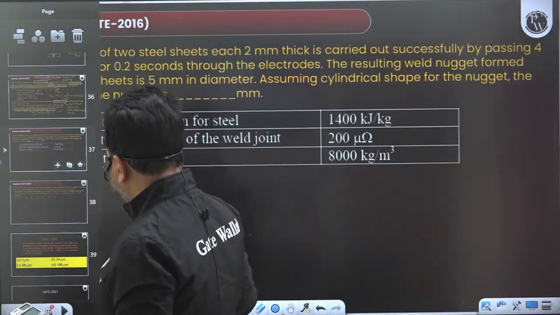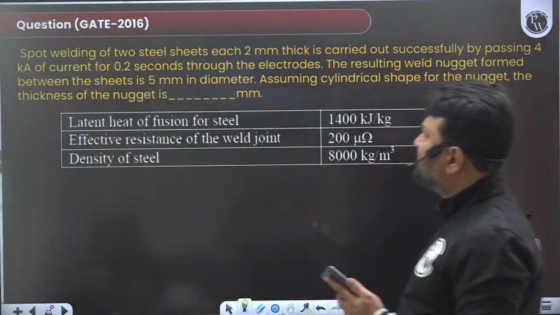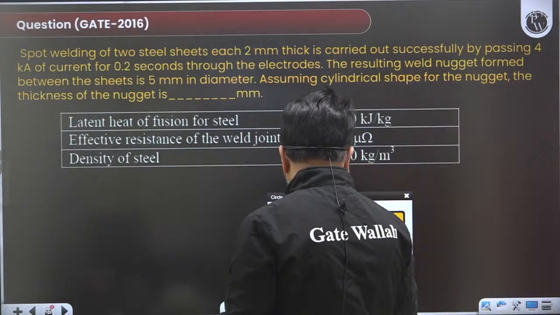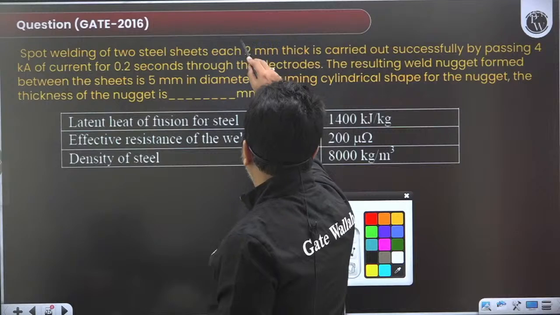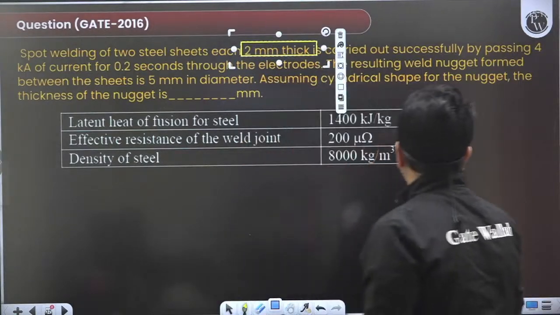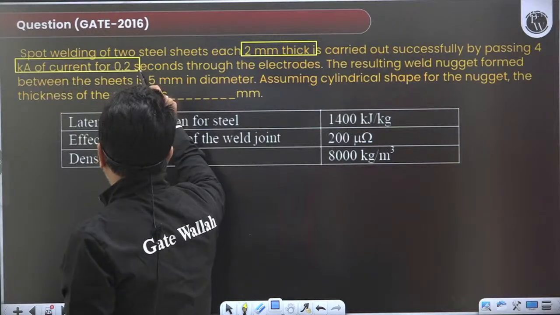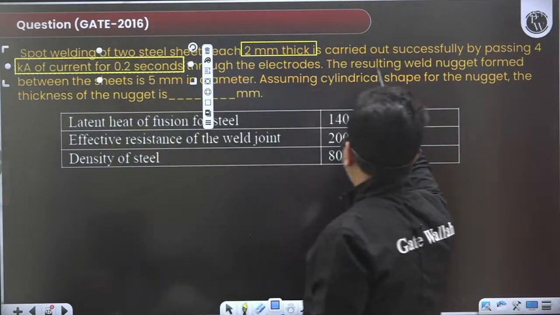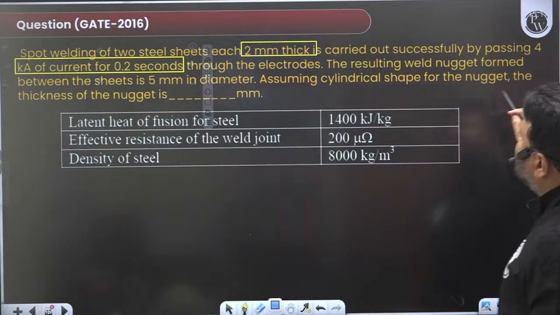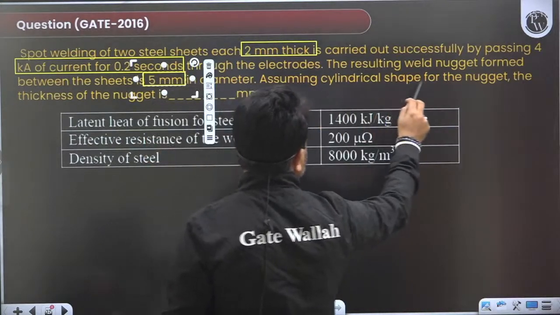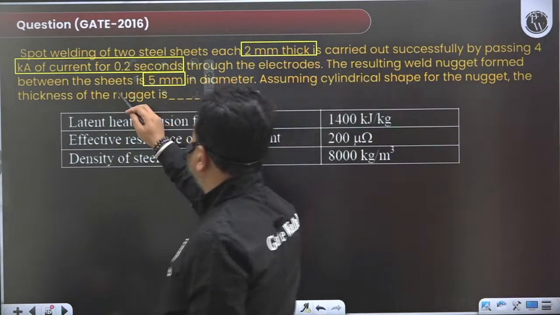Now the next question. Spot welding of two steel sheets of 2 mm thickness is carried out successfully by passing a 4 kilo ampere current for 0.2 second through the electrode. The resulting weld nugget formed between the sheets is 5 mm in diameter. Assuming a cylindrical shape of nugget, find the thickness of the nugget.